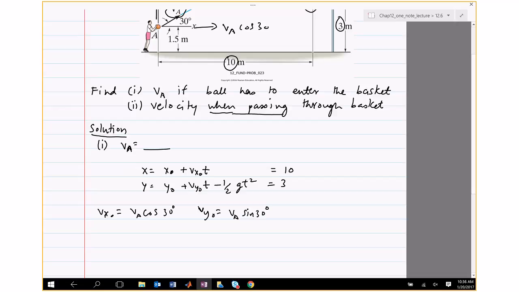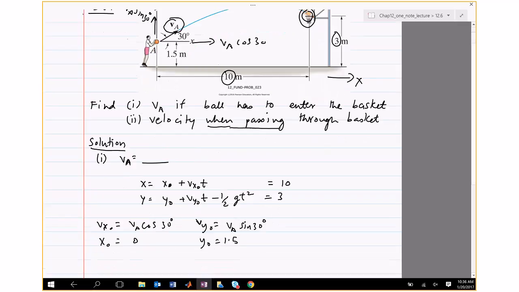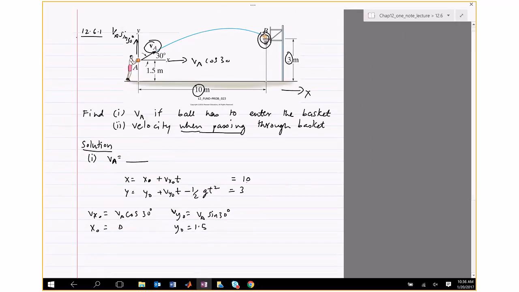So what else? Do we know x0, y0? What's the initial position of the ball? So x0 is 0 because this is the x-axis. And y0 is 1.5, that's right. So we know the final position of the ball. It's 3, 10. 3 for the y and 10 for the x. We know x0, y0, vx0, vy0 as a function of VA, and we also know g, that's 9.8.